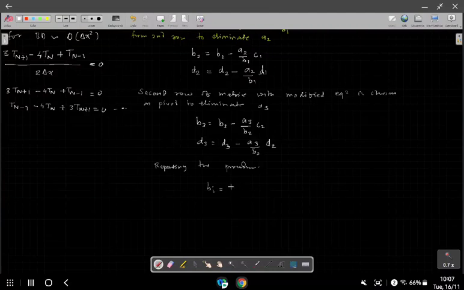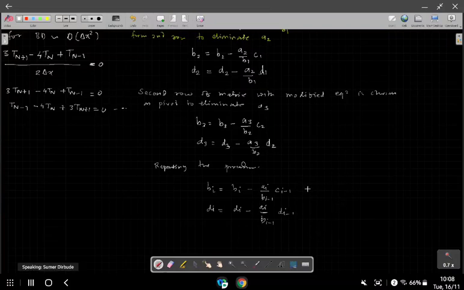So Bi is equal to Bi minus Ai divided by Bi minus 1 times Ci minus 1, and Di is equal to Di minus Ai divided by Bi minus 1 times Di minus 1, where i is running from 2, 3, up to n.